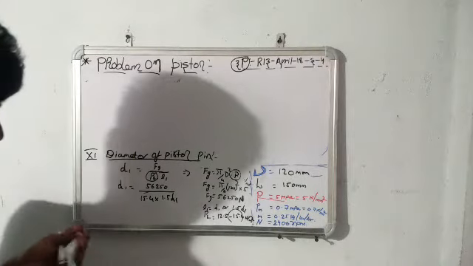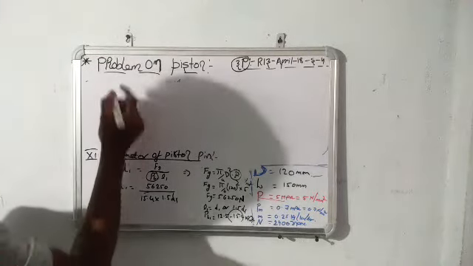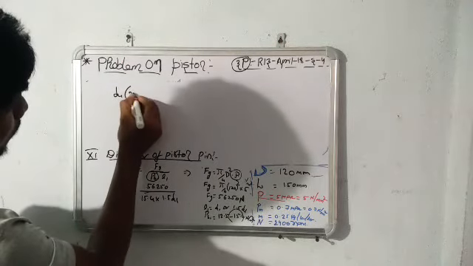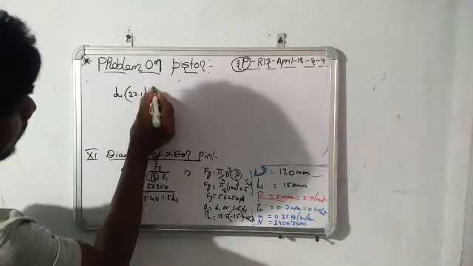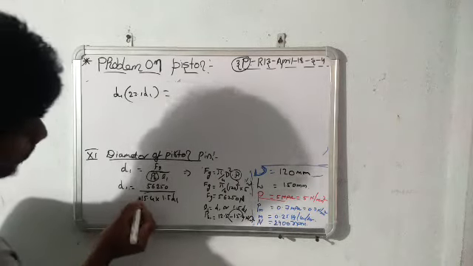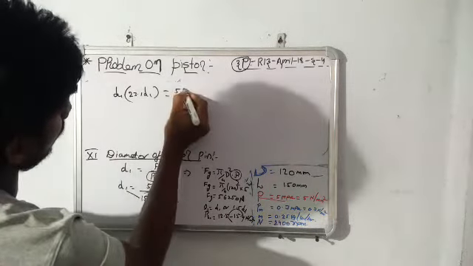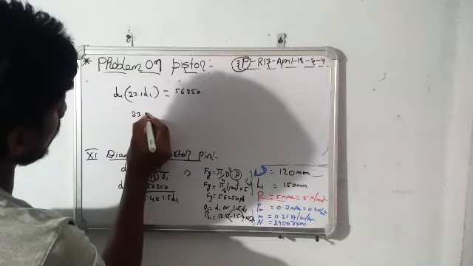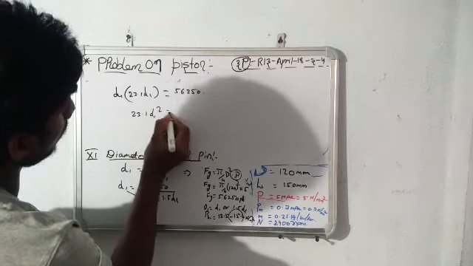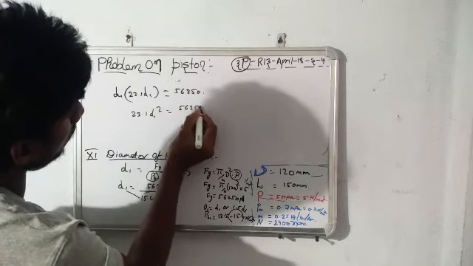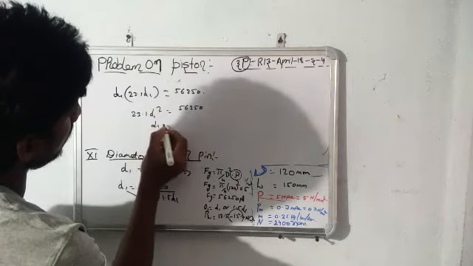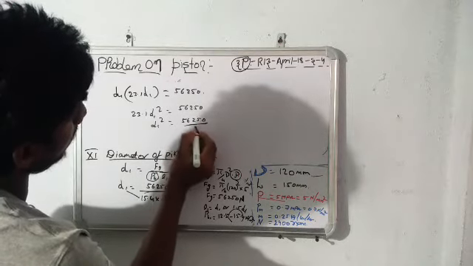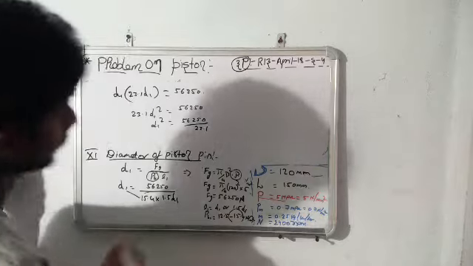So D1 into 23.1 times of D1 is equal to 56250. Ultimately, 23.1 D1 square equal to 56250, so D1 square equal to 56250 divided by 23.1.